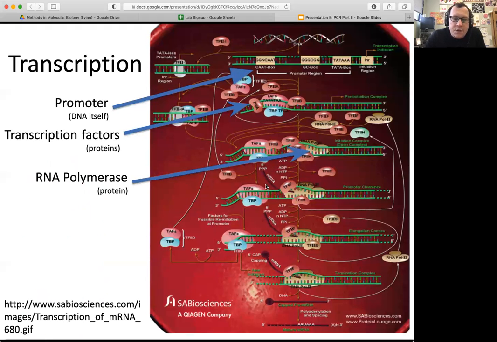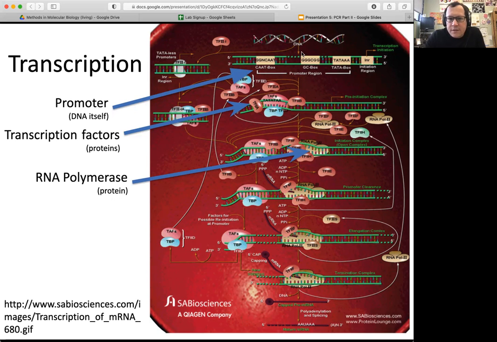So how does transcription work? It's way more complicated than this, but this is a pretty good overview, and it's more than what we need for the purposes of this class. Transcription starts with a region in the DNA called a promoter.